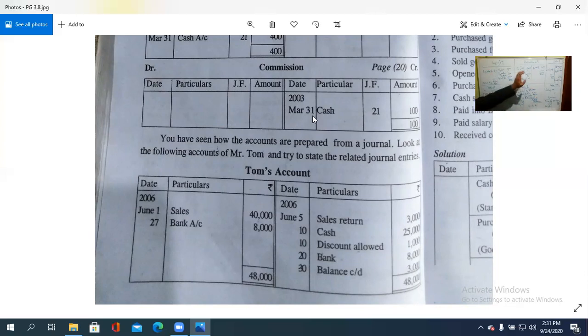So 1, 2, 3, 4, 5, 6, 7, 8, 9, 10 accounts we prepare. So this is called posting and balancing the ledger accounts. Clear?